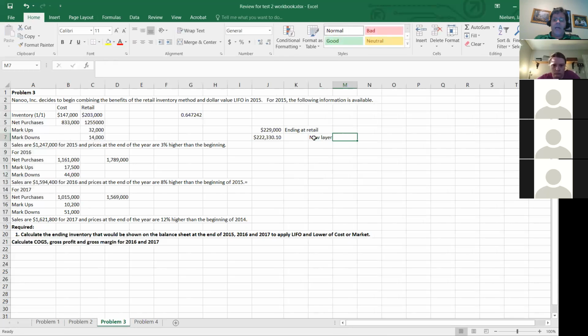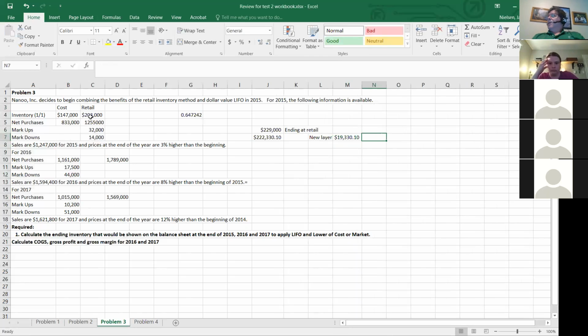Okay, and that new layer is the 222,330 minus the 203, right? 19,330. All right, now we have two calculations we need to apply to that 19,330. We need to put the inflation back and use our cost percentage, okay?